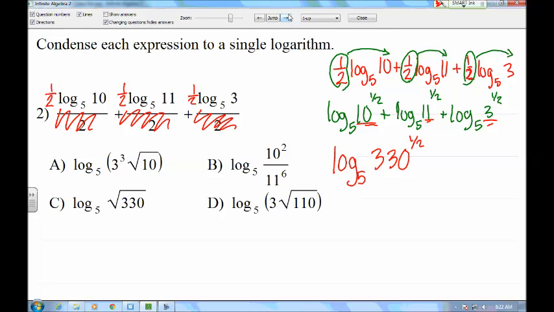Okay, what does it mean to simplify it? Oh, remember, the exponent 1/2 is actually the square root. Square root is the exponent 1/2. That's something you need to know. What about the cube root?